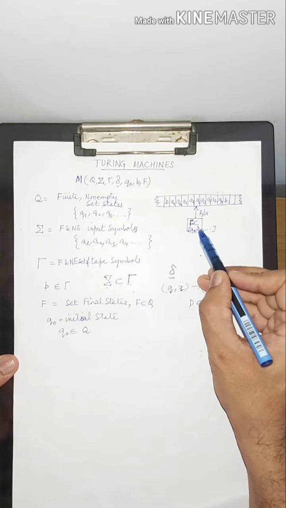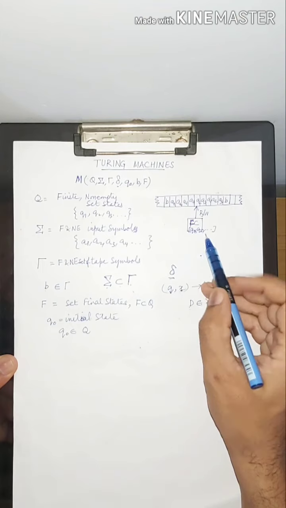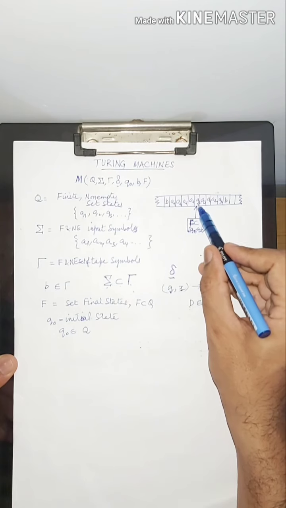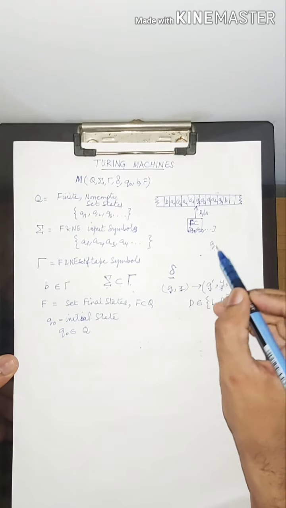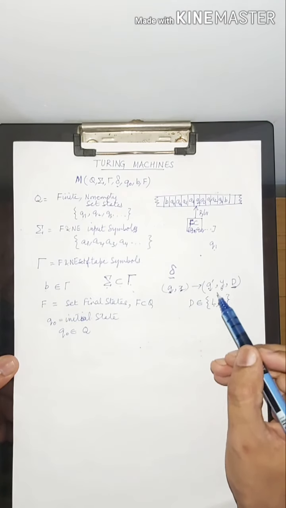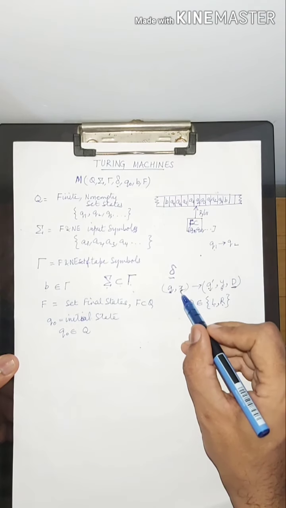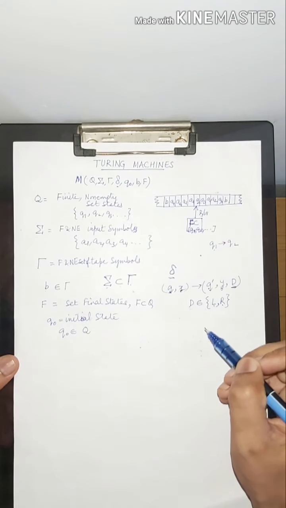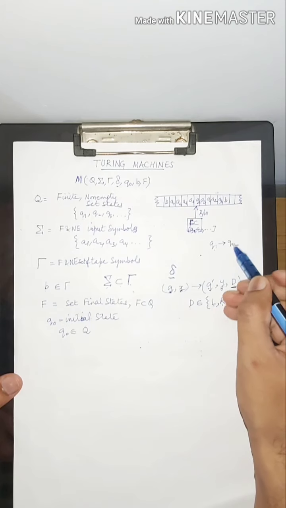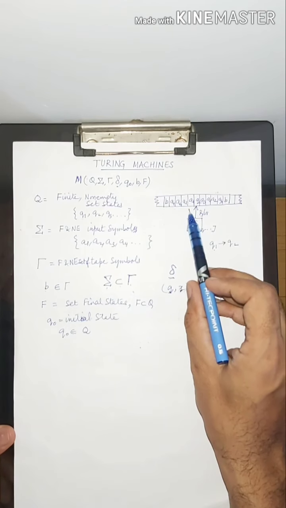So now your machine will work like this. In the beginning it will be in some state, say Q1, and it will read the symbol from the tape, and with that combination of input symbol and the state, it will switch into some other state, let us say Q2, and write some other symbol from the set of the tape symbols, and in addition the head will move either towards right or towards left.